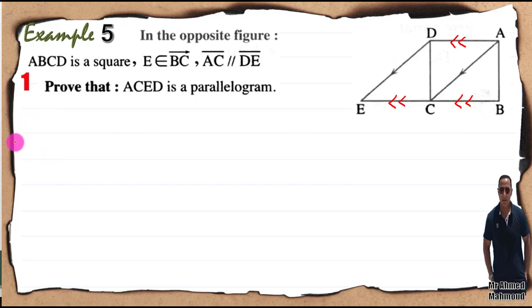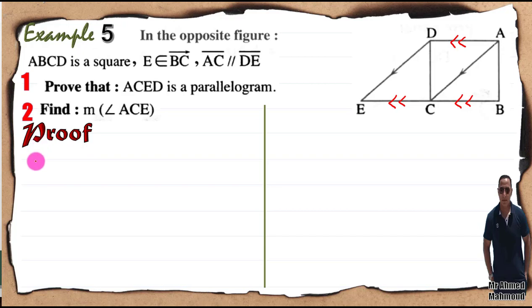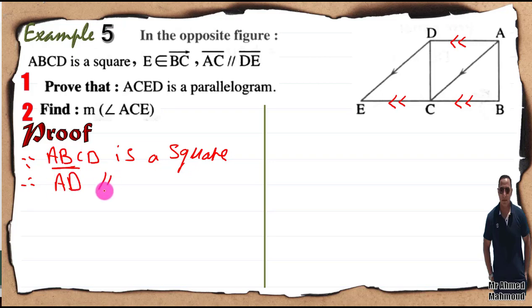Since ABCD is a square, therefore AD is parallel to BC.